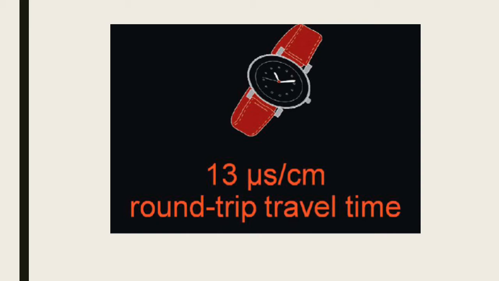That's 1,540 meters per second. Our machine has to actually assume that value so that it can make a calculation and place our echoes properly. As a result of this assumption, we also assume that it takes 13 microseconds for our ultrasound beam to travel 1 centimeter within the body.